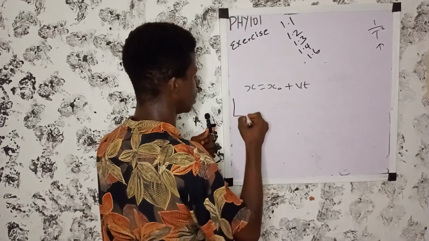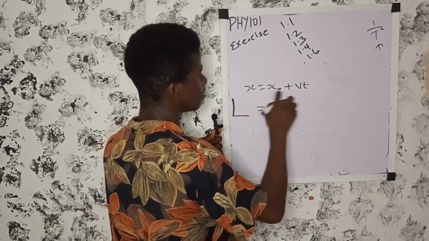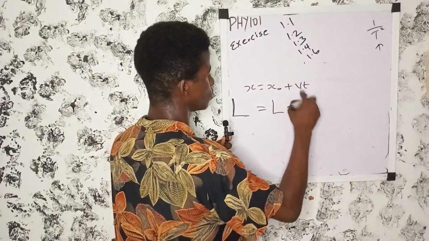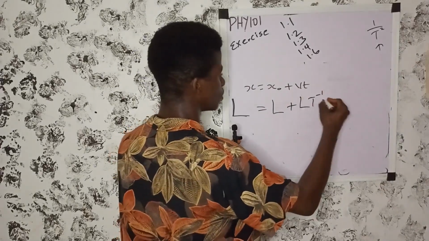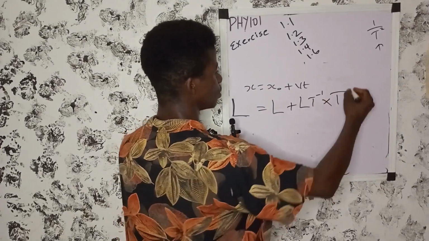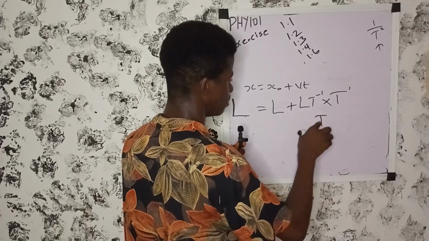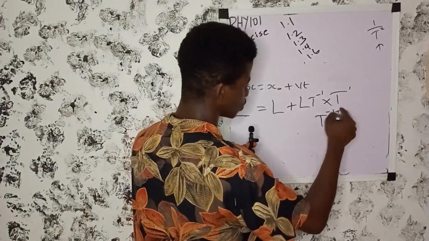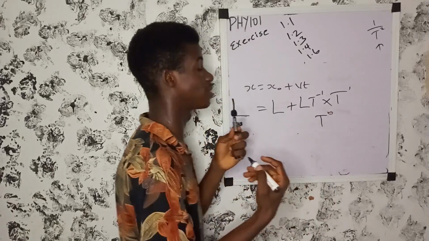The dimension for length, or distance, or displacement, is capital letter L. Now what about this other side? The dimension for length is also L. Then plus, the dimension for velocity is L t raised to power minus 1. The dimension for time is T. Since these two are the same base, we bring out one of the base, then we add the powers together. So minus 1 plus 1 will give us 0.